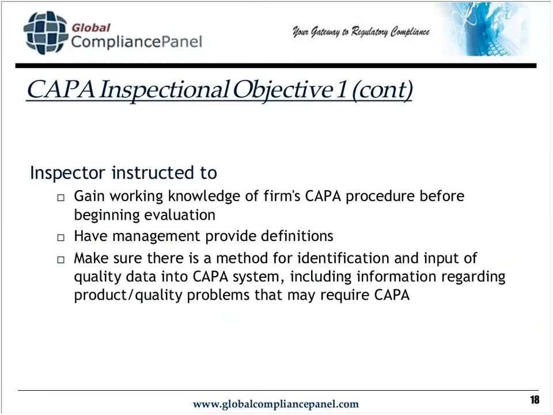The inspector is also going to look at your CAPA procedures to gain working knowledge, which means just read your procedure. And anything that's vague, any kind of definitions, they're going to ask you about. And your procedure should also have in it what data you identify and input into the CAPA system and how you get that data.